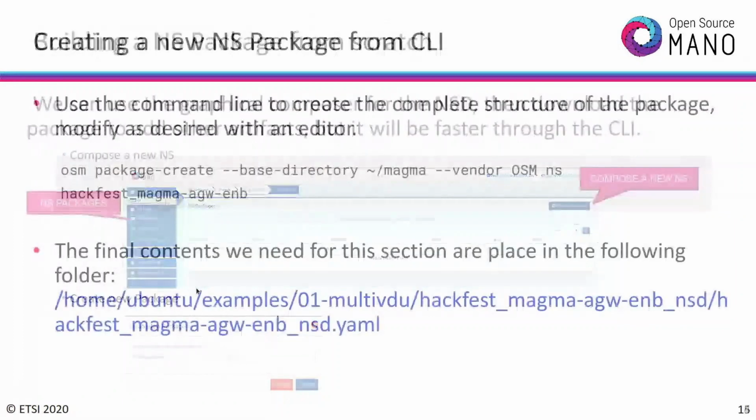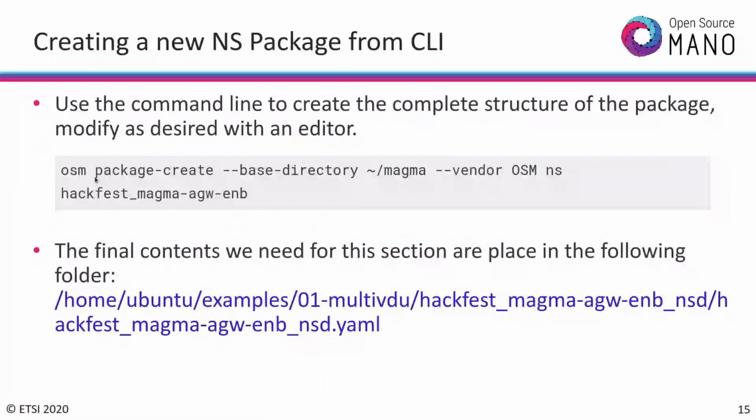We can use the same OSM package create command, but this is simpler because the network service does not have many properties. We can refer to the base directory, the same directory that we were using for the VNF, the vendor, maybe if you want, the type, which is NS, network service, and the name of the network service.